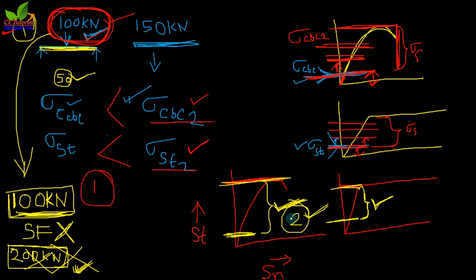And the second phenomenon is that we are considering very less amount of strength for concrete and steel. That means we are applying a safety factor for steel and concrete.